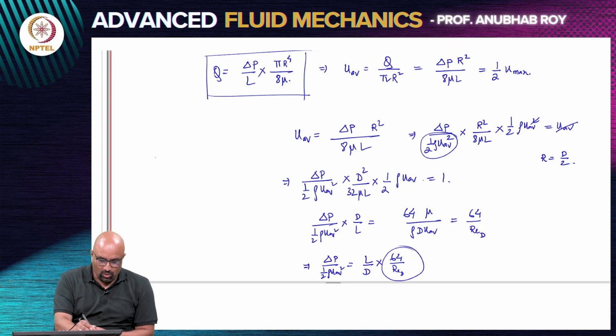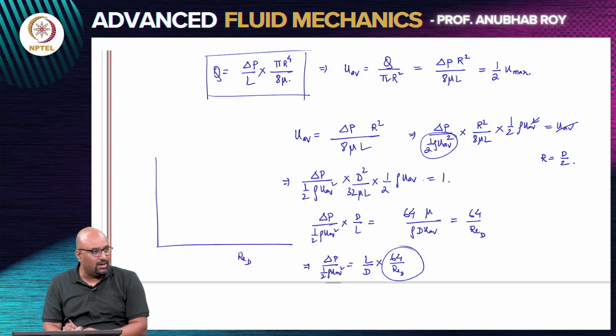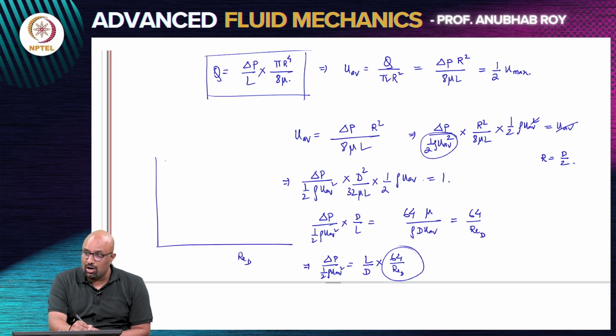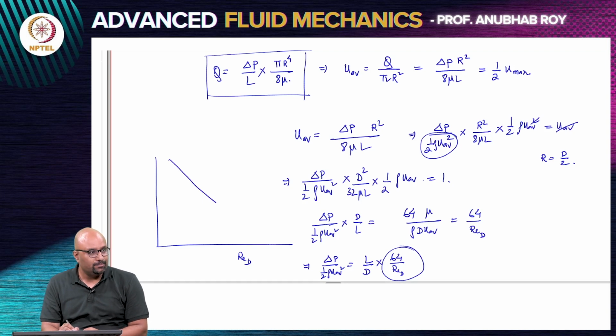So, when you plot this as a function of Re sub D on a log-log scale, a function that goes as 1 over x will appear as a straight line with a negative slope, -1 slope. So, I am plotting log of 64 by Re against Re.